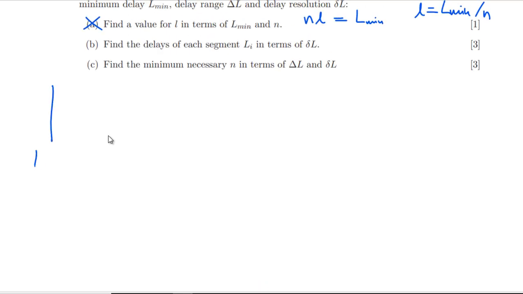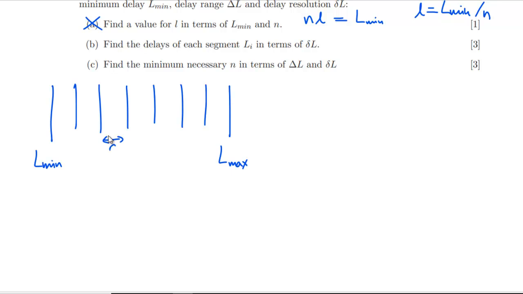We've got our L min, we've got our L max, we've got a number of steps in between the two of them, and each one of these is this delta L, and we need a minimum number of switches in order to hit these.